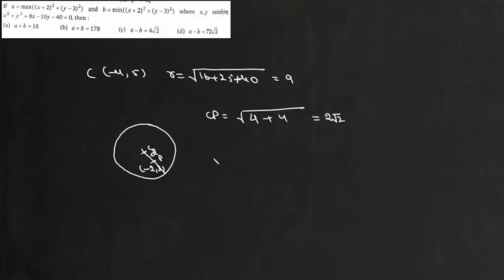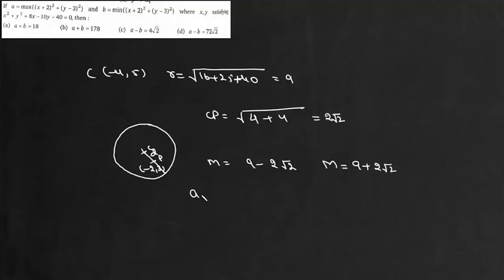Now its minimum distance, say small m, there'll be this R minus D, and R minus D is 9 minus 2 root 2, and its maximum distance will be 9 plus D, which is 9 plus 2 root 2. Now basically A and B are squares of this distance.